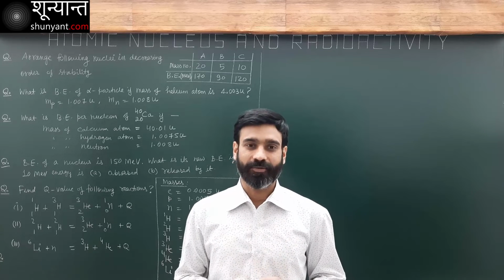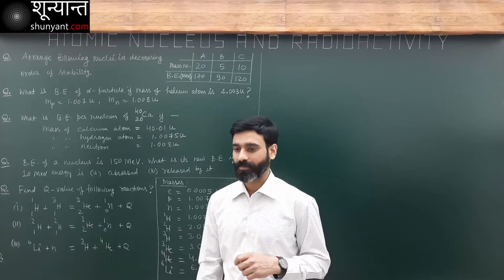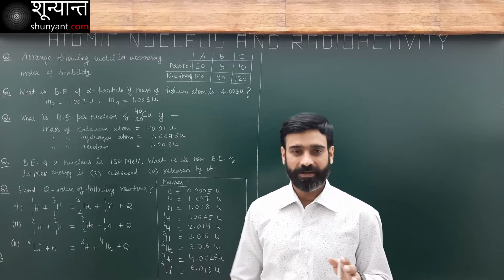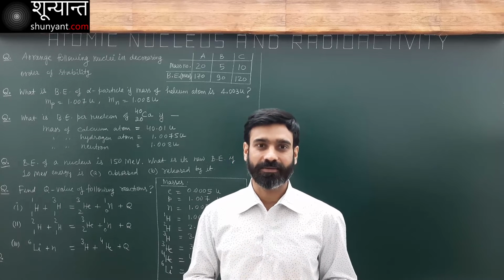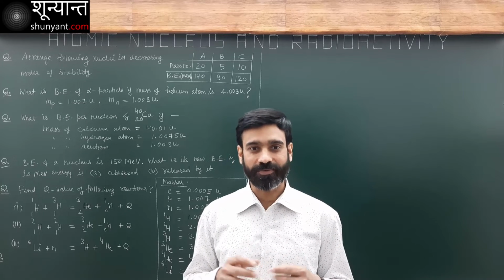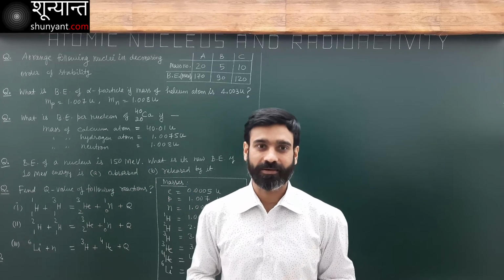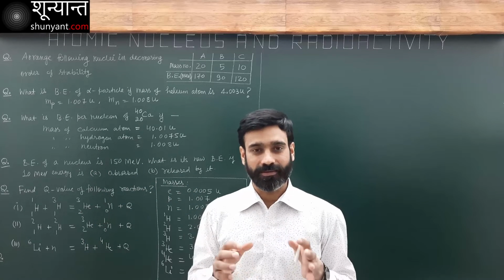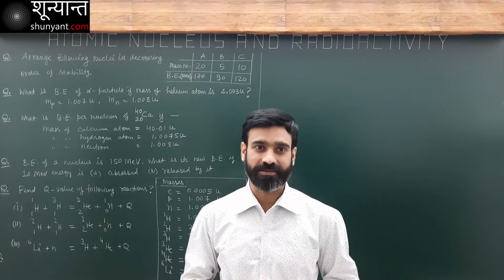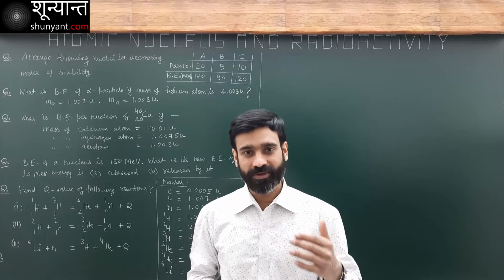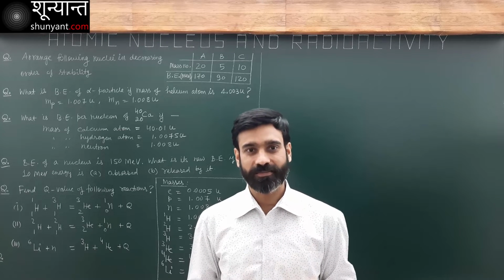When you bring them together to form one nucleus, the mass decreases. The total mass of all the constituents taken together is greater, and when they form a nucleus there is a mass difference. The mass of the nucleus is always lower than the total mass of the constituents.